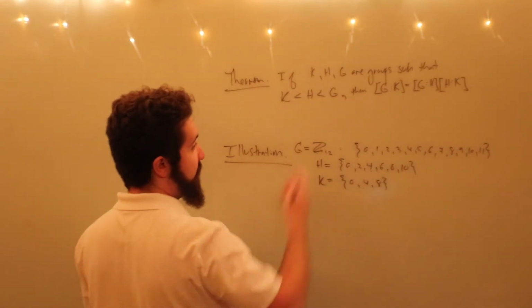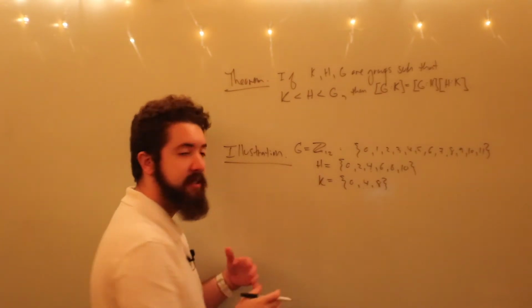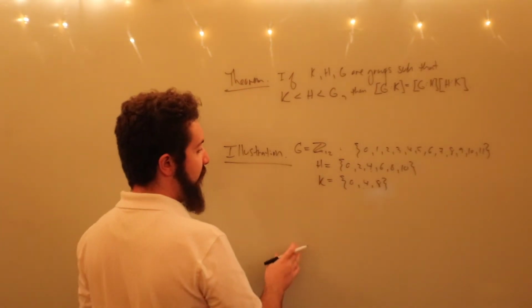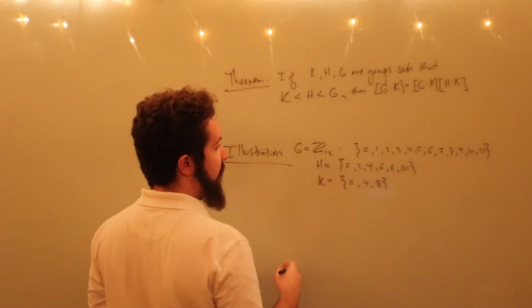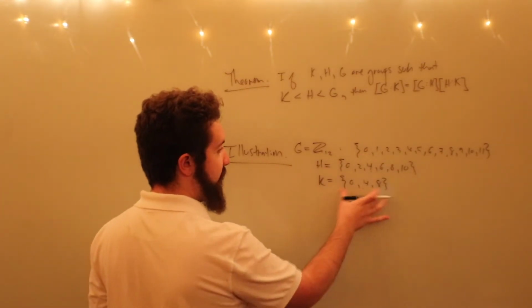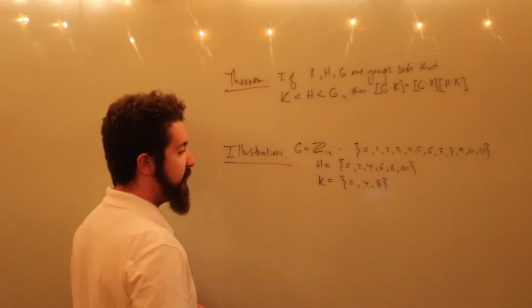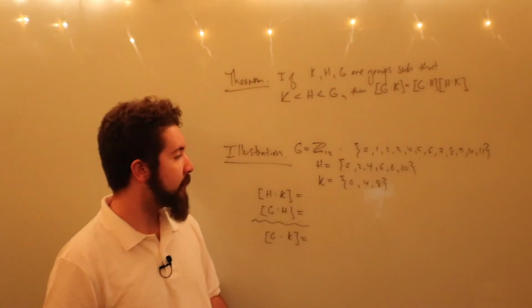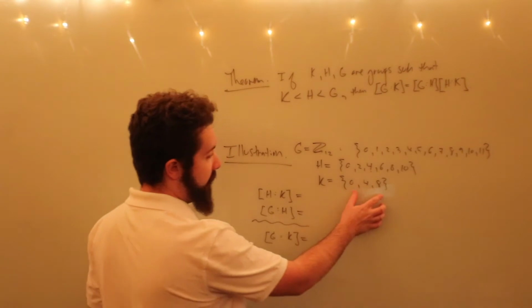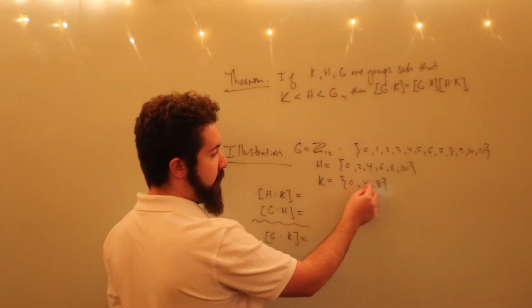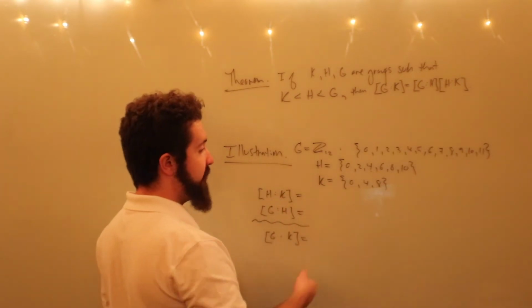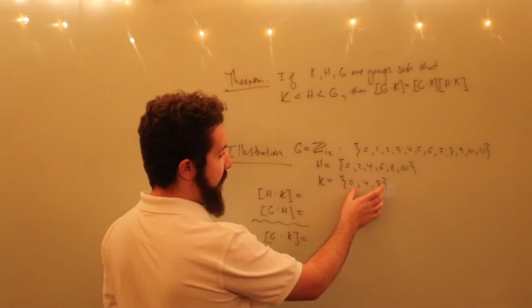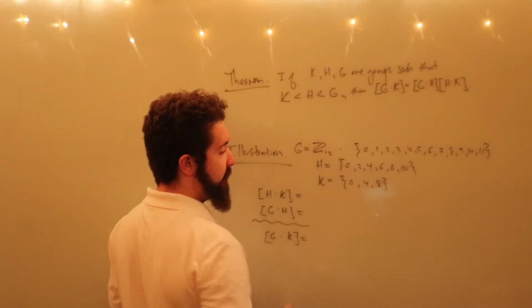And this theorem says then that because we have this nested group structure going on here, the index of this in this times the index of this in this has to be equal to the index of this in this. And what are those indices? Well, if we add 0, 4, or 8 to this set, on the left or right, since it's commutative, we're going to get just the same subgroup.